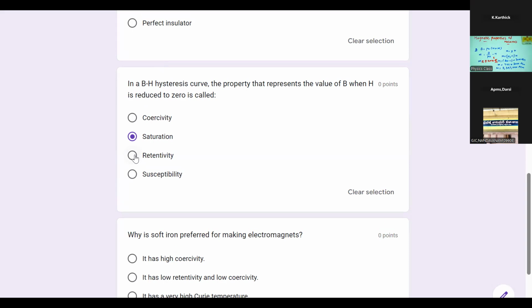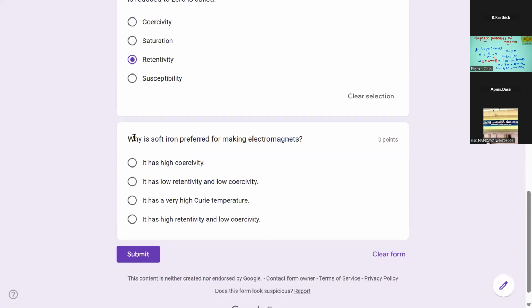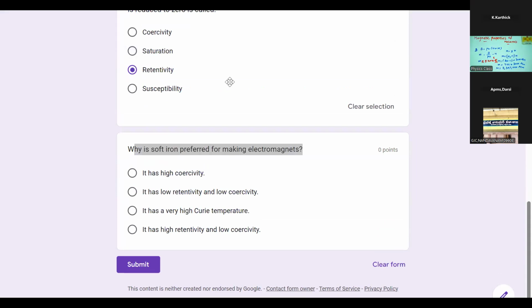Okay, good, retentivity. And the final one: why is soft iron preferred for making electromagnets? Already I told you in our animation about soft iron and hard steel. Which one is correct?